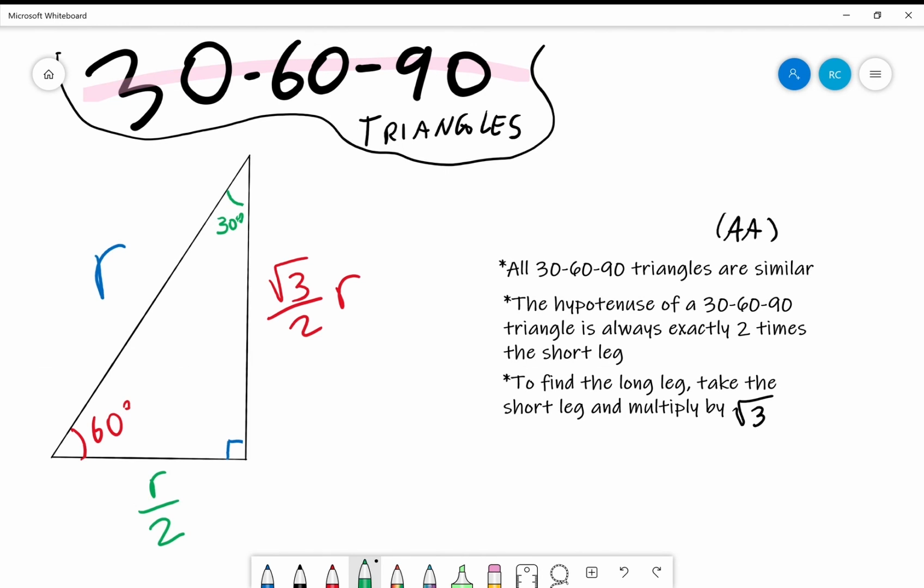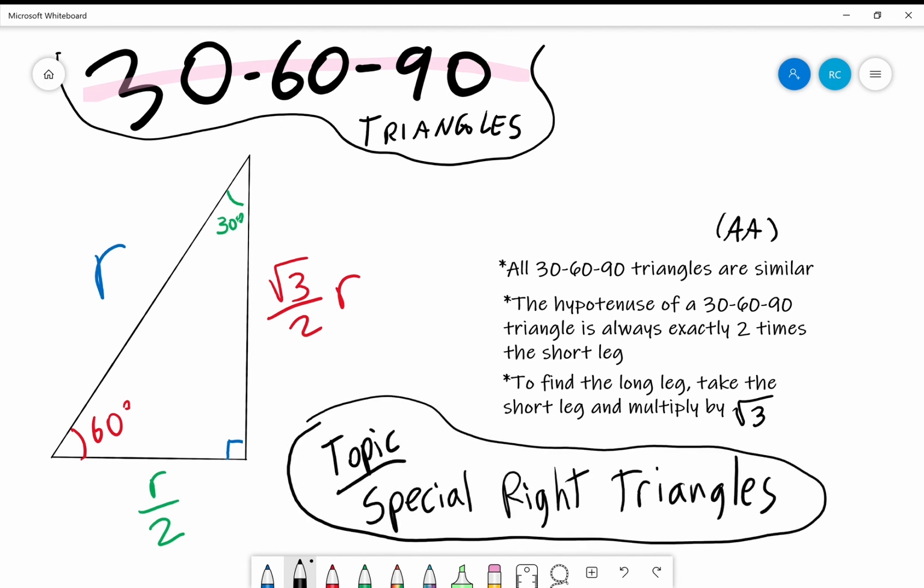Now, I will do lots more examples of this in future videos, but for now, you'll want to jump onto Khan Academy and take a look at the special right triangles topic. Both this and the 45-45-90 triangle are topics that take a lot of practice to get used to.